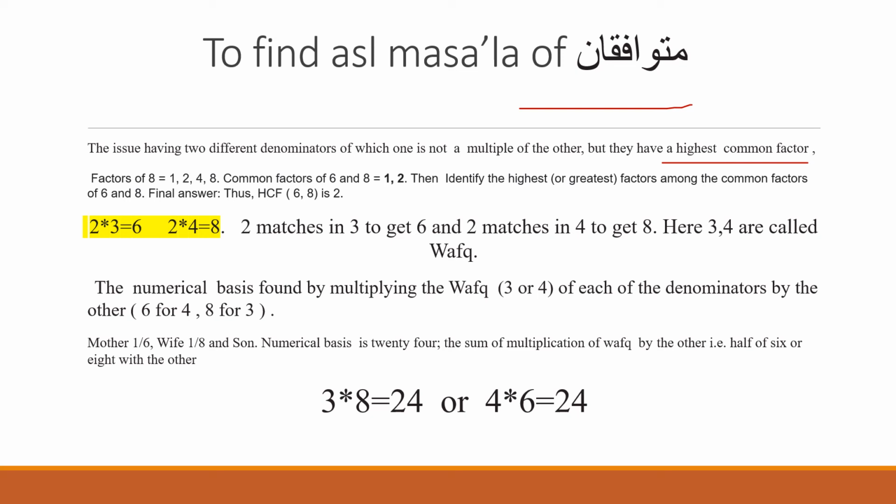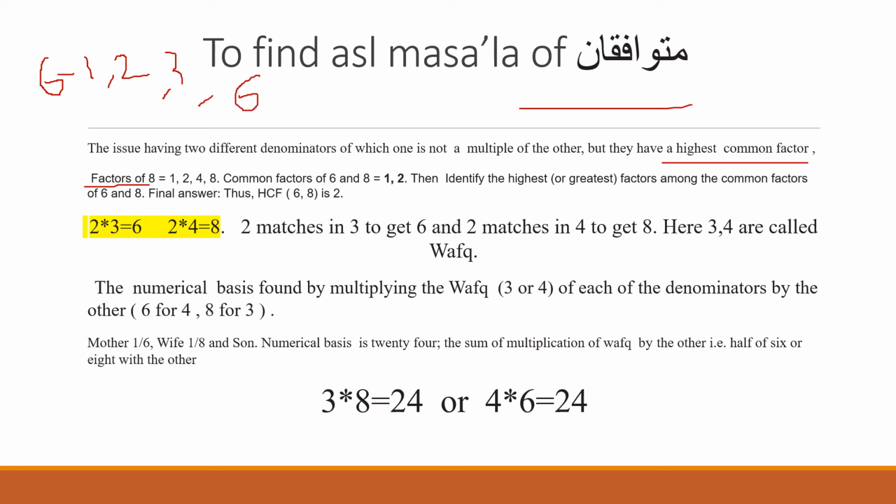For example, which are the factors of 8? 1, 2, 4, 8. Because 1 will be going into 8, 2 will be going completely, 4 will be going completely, and 8 one time will be going completely. So these are the factors of 8. Then we know the factors of 6: 1 is there, 2 is there, 3 is there, then 6 is there.